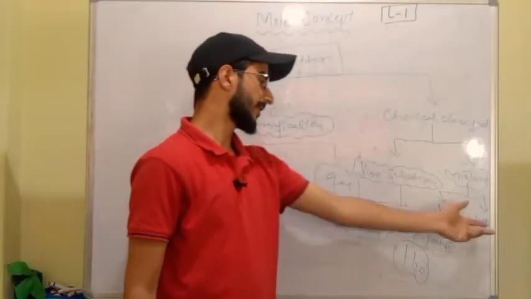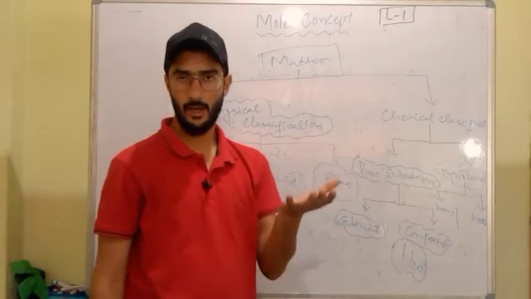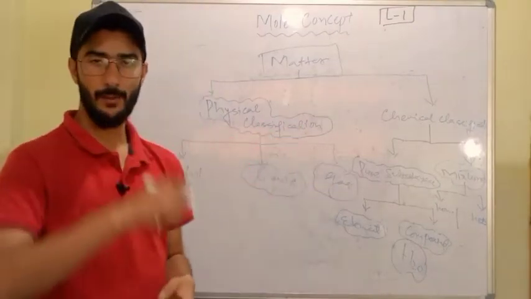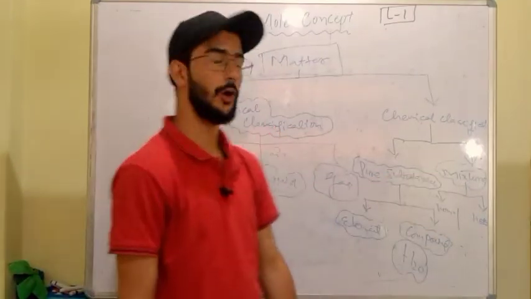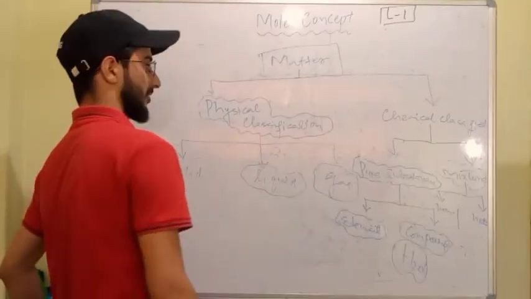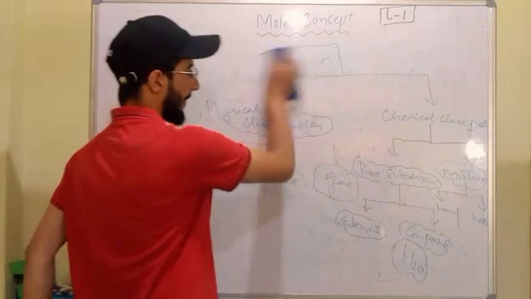Another general example: I take a beaker of water and put some sand in it, and this will be a heterogeneous mixture. So this was all about the matter class.